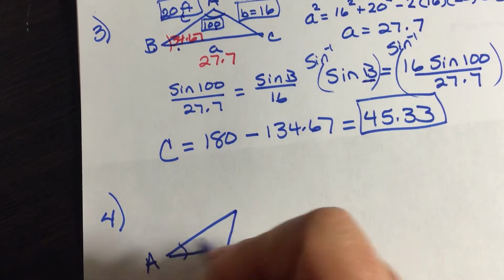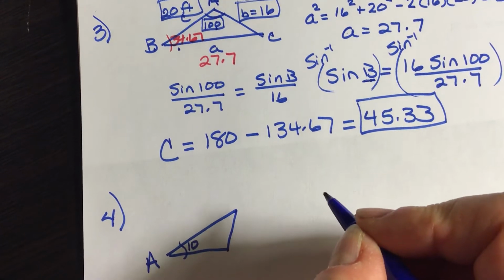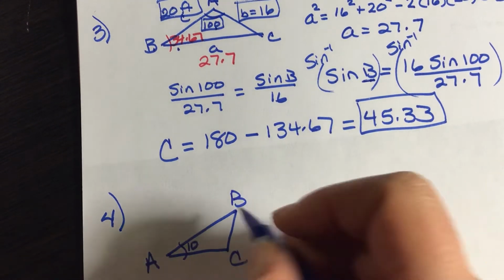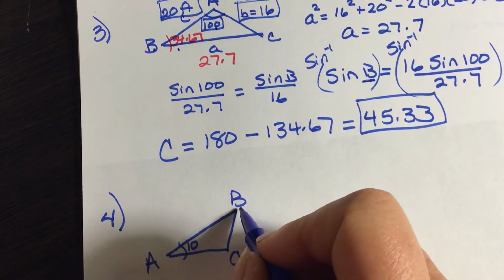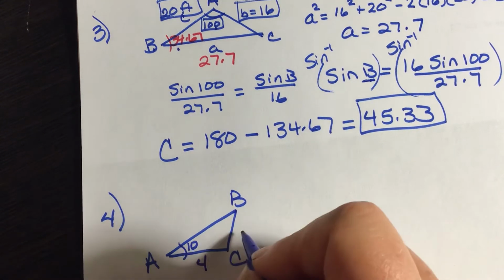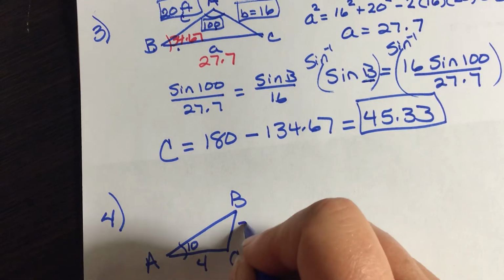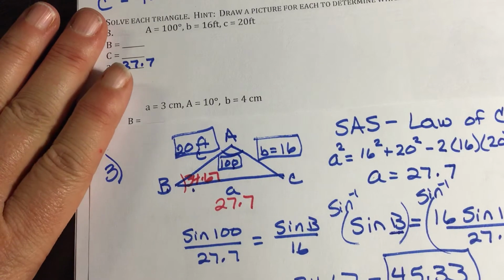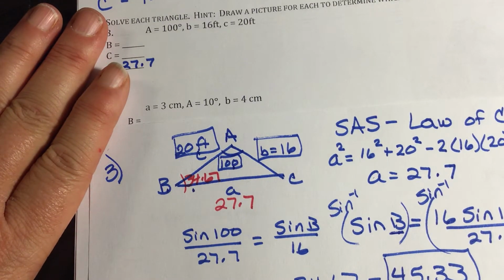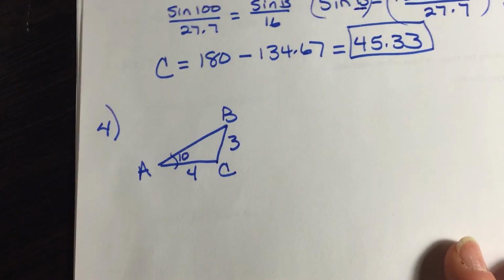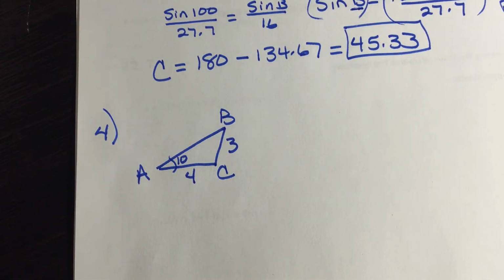So here's my angle A, this is 10, and here's B, and here is C. Across from B, I have a 4, and across from A, I have a 3. All right, so that just came from this information here. So that's the triangle that it looks like.